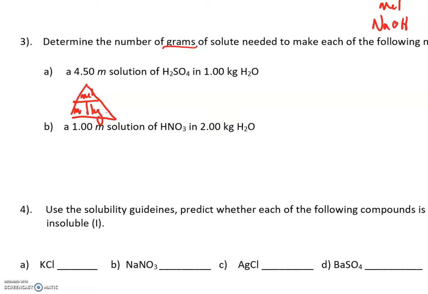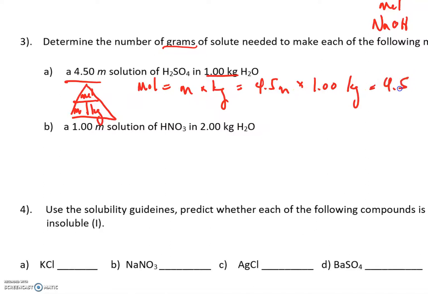So if we're trying to find grams of solute, we should look for moles of solute first. So let's do this. We're going to say moles is equal to molality times kilograms. And we have 4.5 molal right here. 1 kilogram, so that's pretty easy.